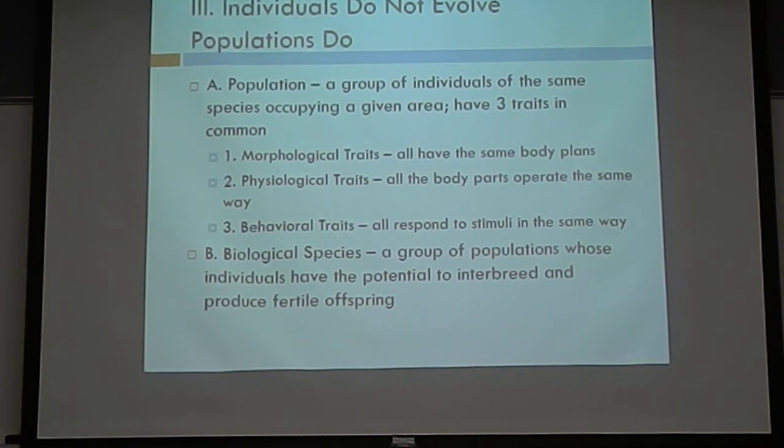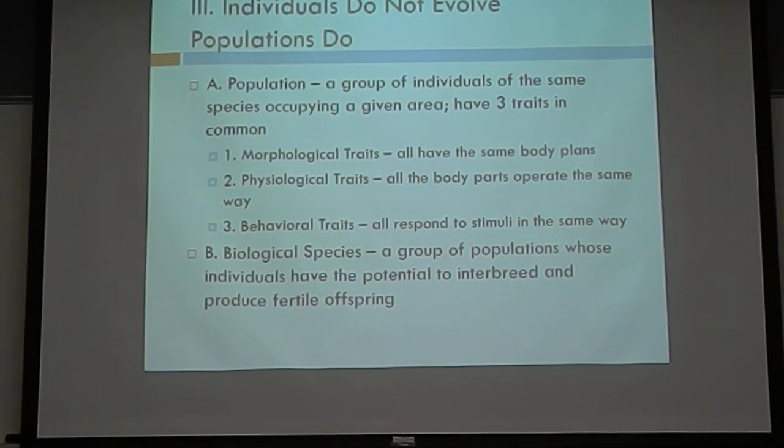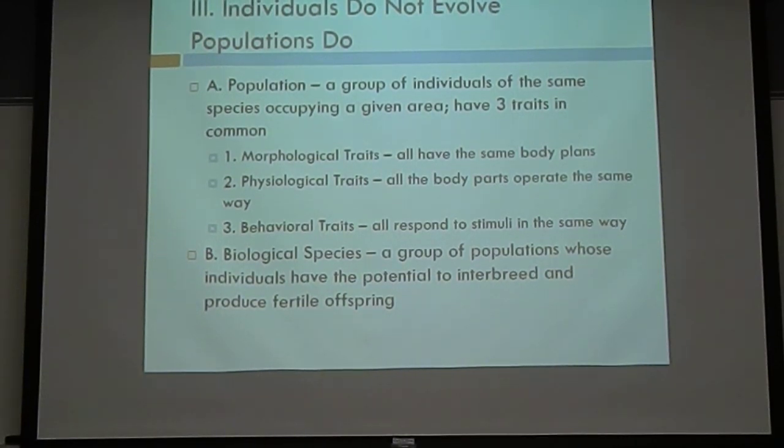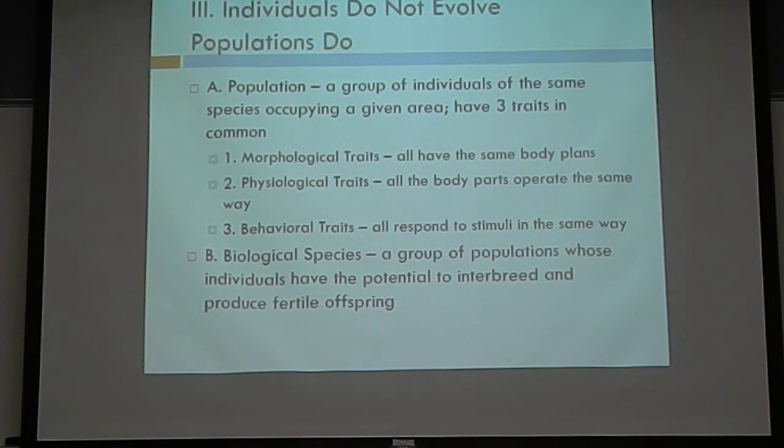So dogs, whether it be the Irish Wolfhound or the Chihuahua, feed and eat the same, and their digestive tract is similar, so it digests the food similarly. Behavioral traits: they all respond to stimuli in the same way. So you can teach a dog to sit, whether it be an Irish Wolfhound or a Chihuahua. So they have all these traits in common.